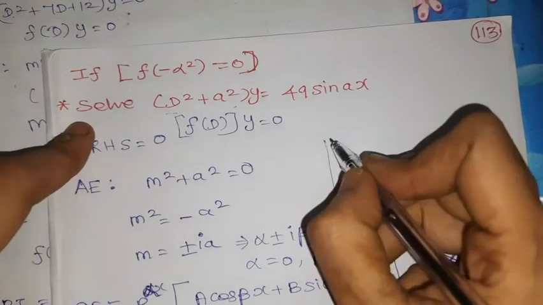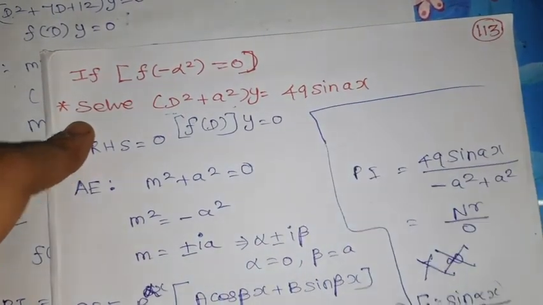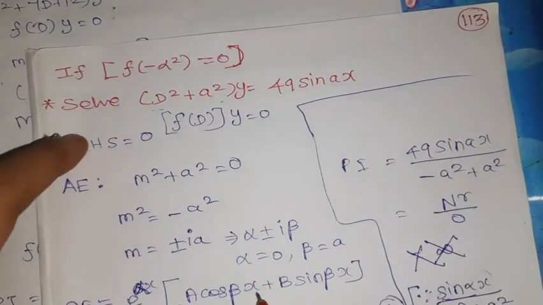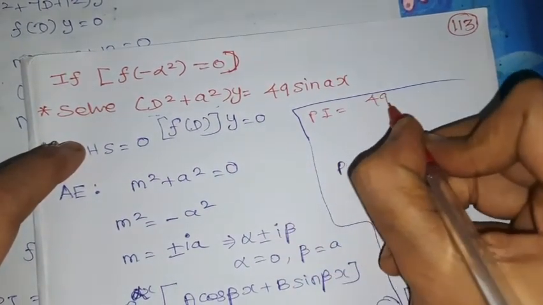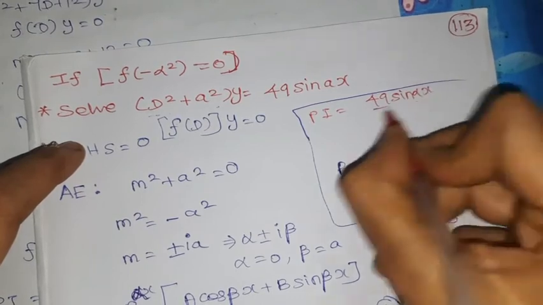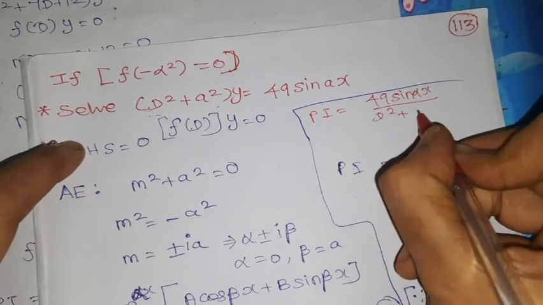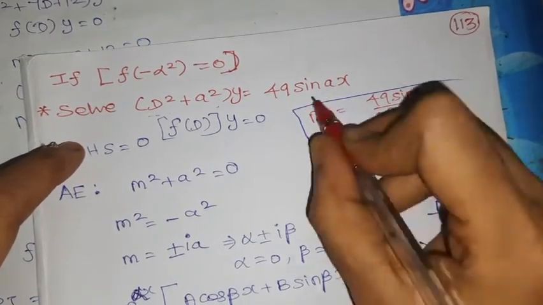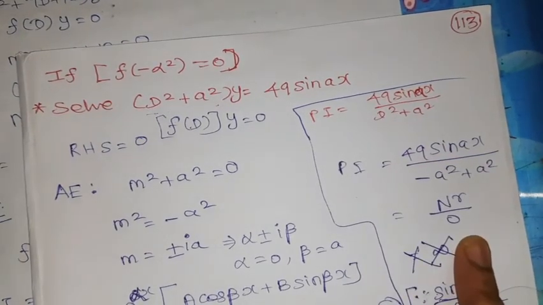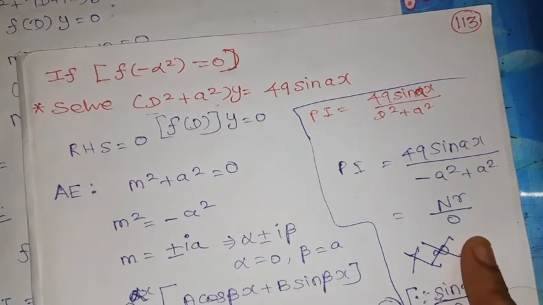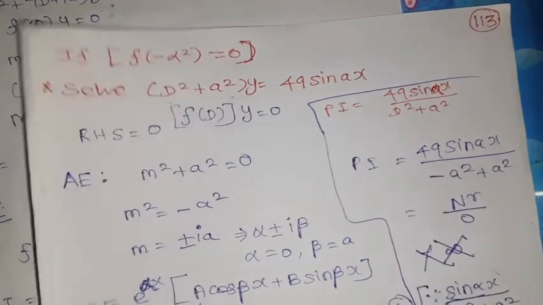I am just writing here, as I don't have a pen. This is 49 sin alpha x divided by d squared plus a squared, with the denominator 0, which should not be. We have the general derivative as I told earlier.